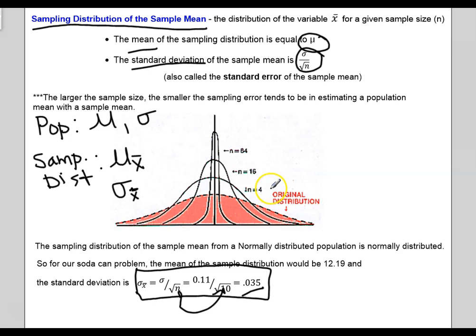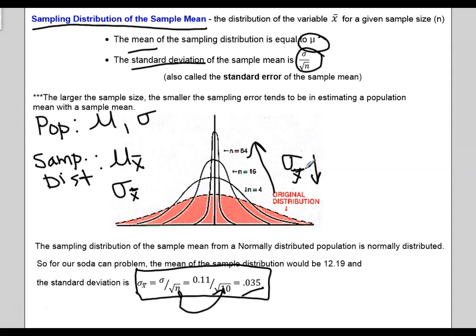As we increase our sample size, we're going to notice that the standard deviation of the sampling distribution is going to decrease. So as we increase sample size, we're going to get a smaller and smaller standard error.